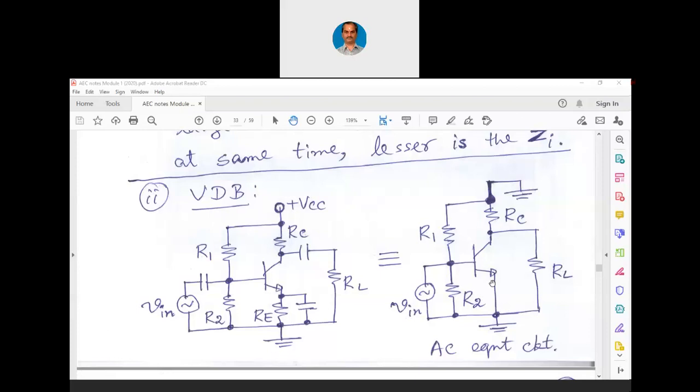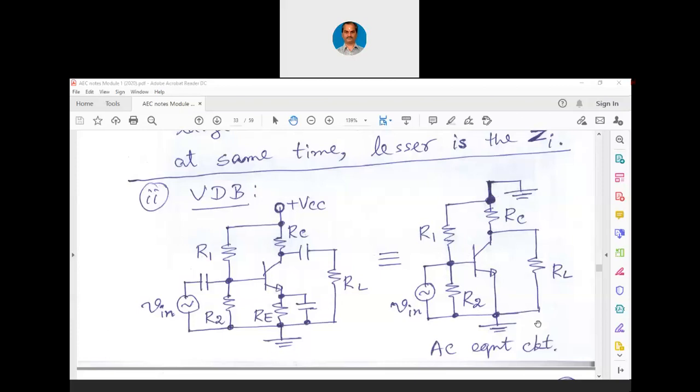For this AC equivalent circuit, we have V in at the base, then R1, R2. You can see R2 one end is grounded, R1 one end is also grounded, RC other end is also grounded. Then we have RL. We can replace the transistor by means of this beta into RE dash and then IC. We can use the pi model.